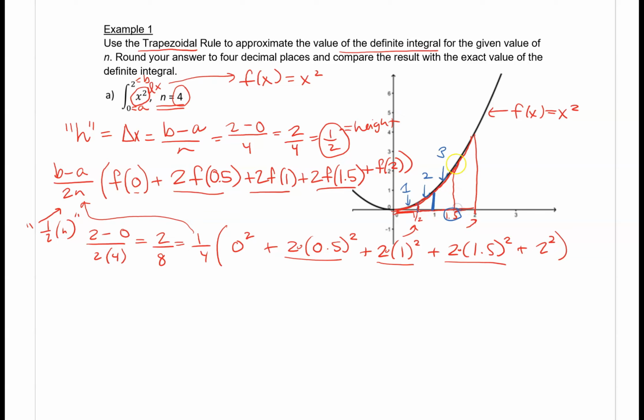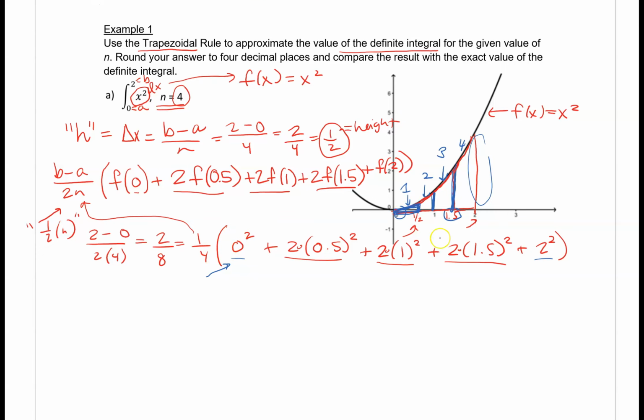This guy, the 1.5, is used as base 2 for the third trapezoid, and base 1 for the final trapezoid. So all those in-between y values are bordering sides of bordering trapezoids, but the left side and the right side are not, so they're used only once. By the way, you can see here this is a height of 0 because this first trapezoid is actually a triangle. So anyway, that's how that worked out.